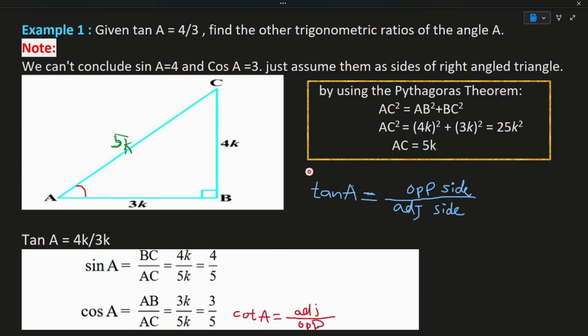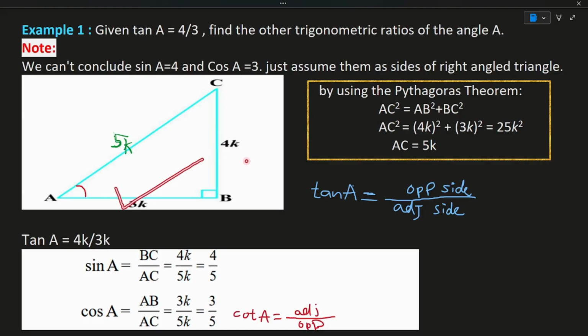We know that tan A equals opposite side by adjacent side. So this is my observation point, this is the angle of observation. Exactly opposite side will become the opposite side, and the other will become the adjacent side. In the problem itself, it is given that tan A equals 4 by 3. So the opposite side is 4k and the adjacent side is 3k.